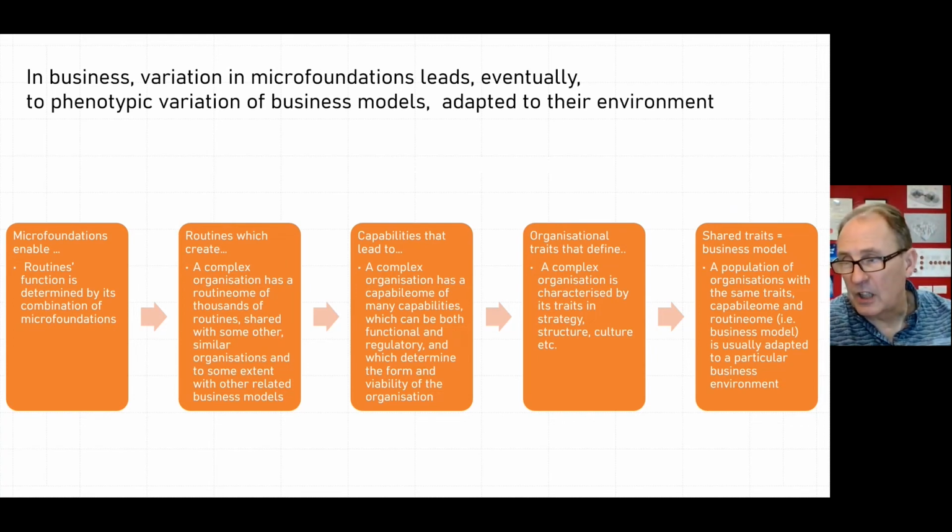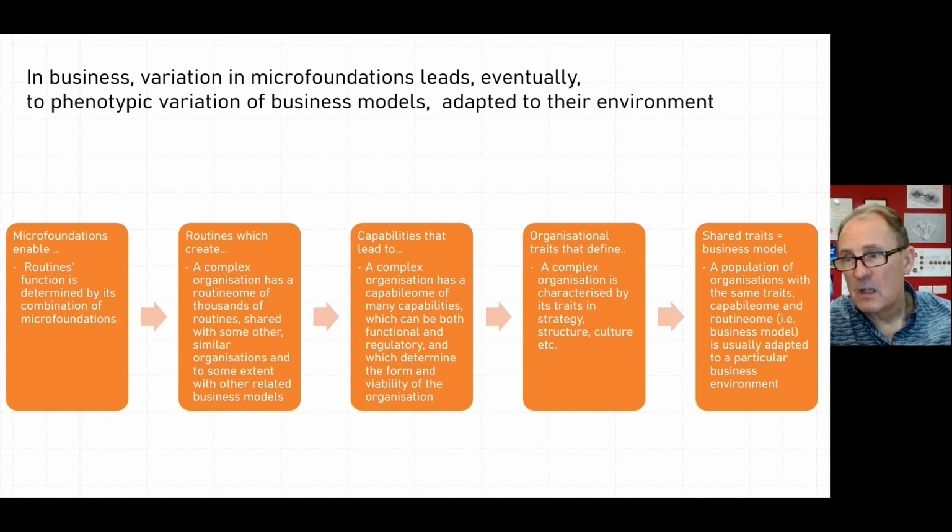Okay? And its capabilities could be functional and regulatory, and they determine the form and viability of the organization in the same way that the protein determines the form and viability of an organism. I suggest in my work that those capabilities are expressed by routines, an organization's complex set of thousands of routines, which I call its routinome.